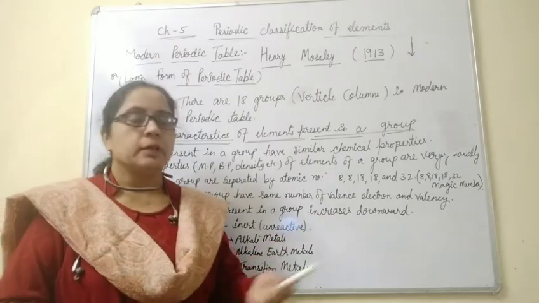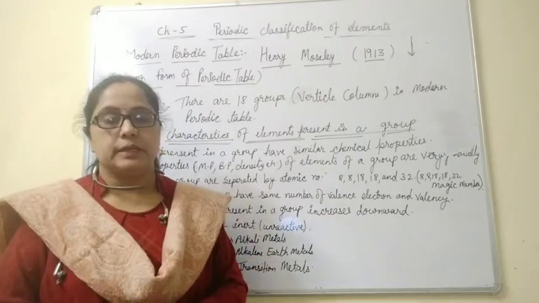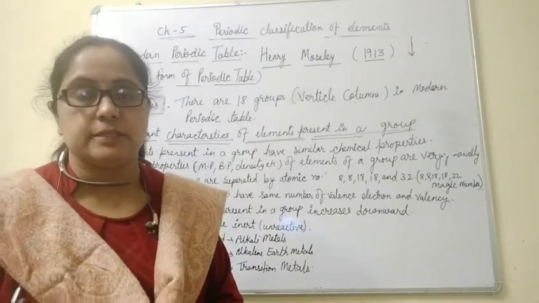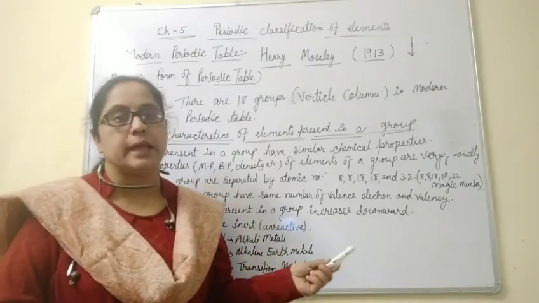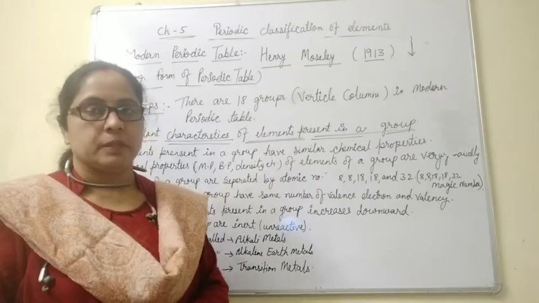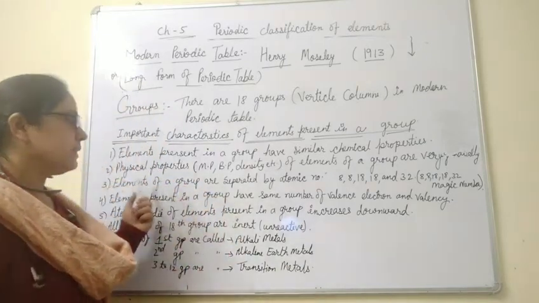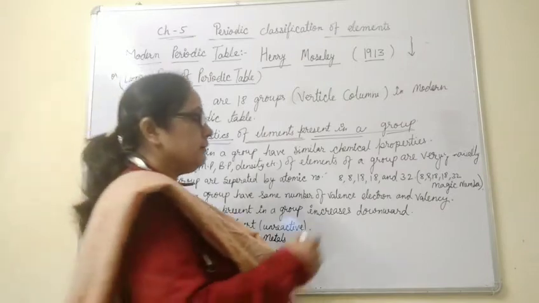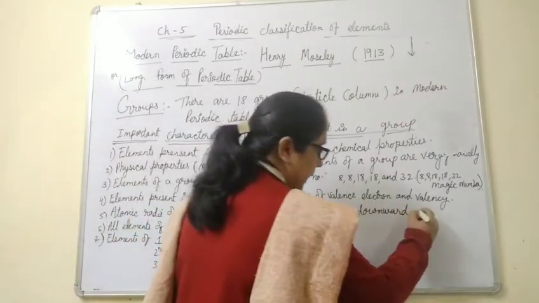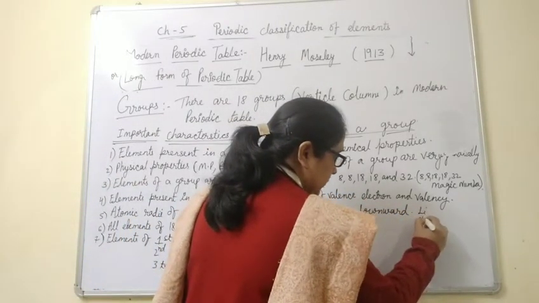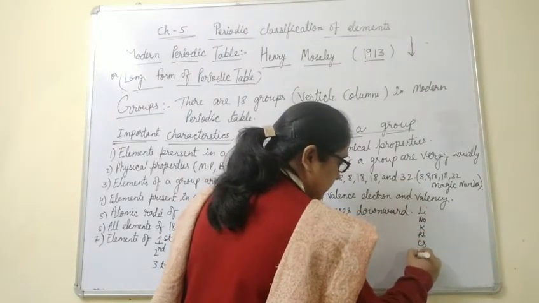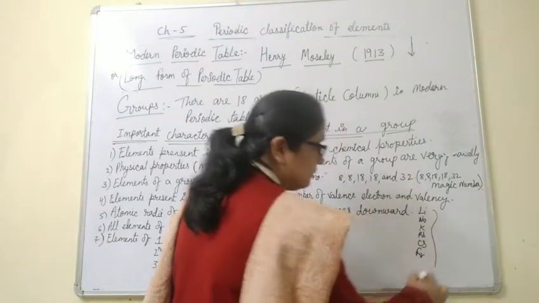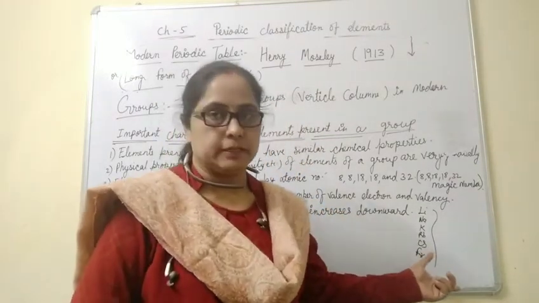As I told you, in the first group, lithium, sodium, potassium, rubidium, cesium, and francium are present. It means they all have the same chemical properties.